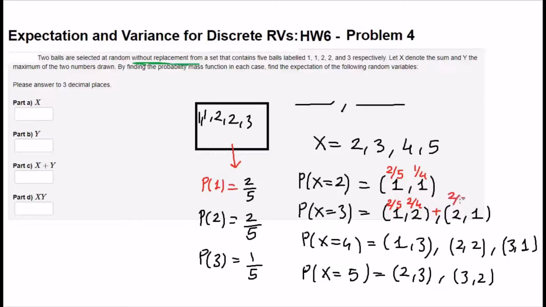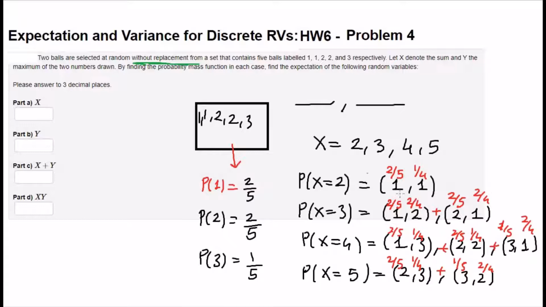Picking 2 is 2/5 and picking 1 is 2/4. So this is going to be 2/5 times 1/4, 2/5 times 2/4, 2/5 times 1/4, and 1/5 times 2/4. And we're combining the probabilities here.